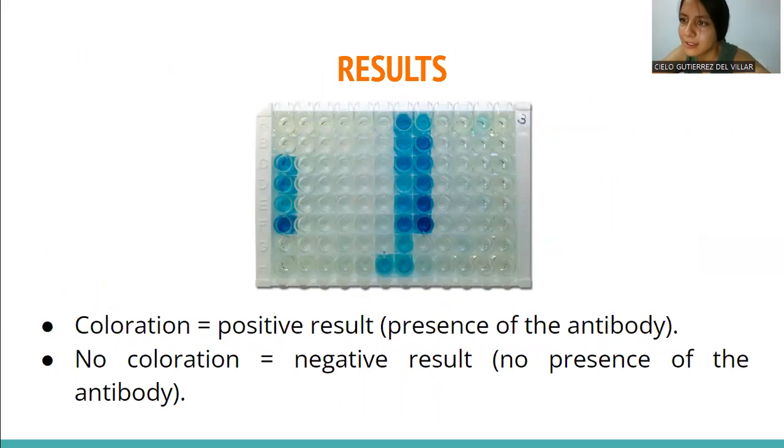In the indirect ELISA, after incubation, a color change indicates the presence of the antibody. This is a positive result. And the absence of color change indicates that there is no presence of the antibody. And this is a negative result.